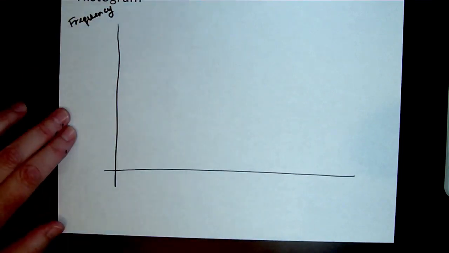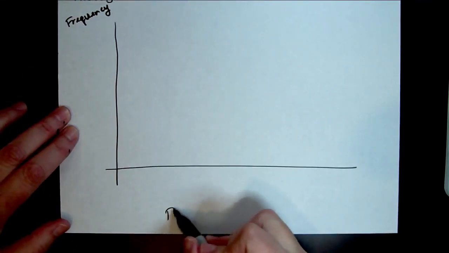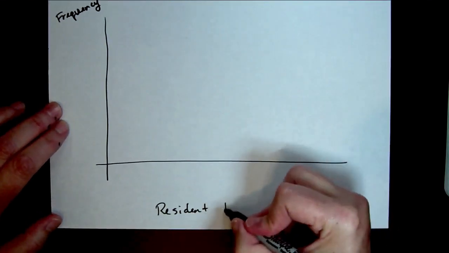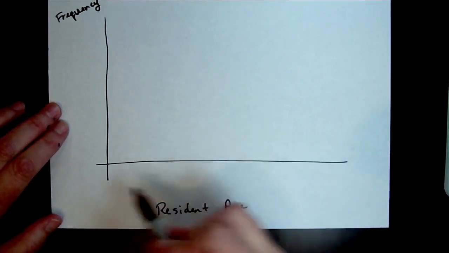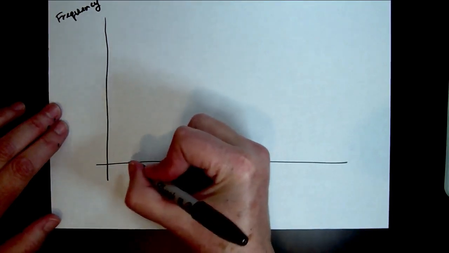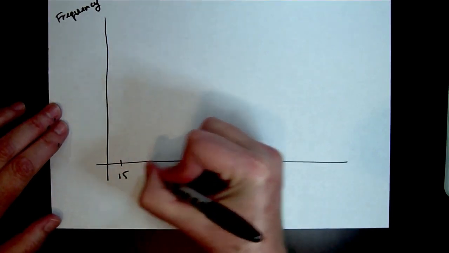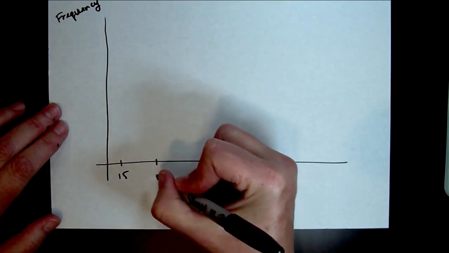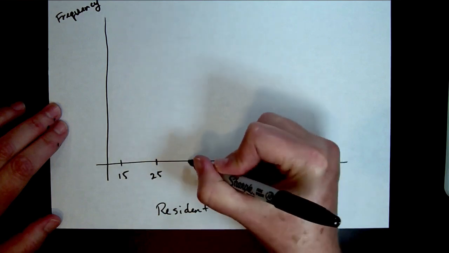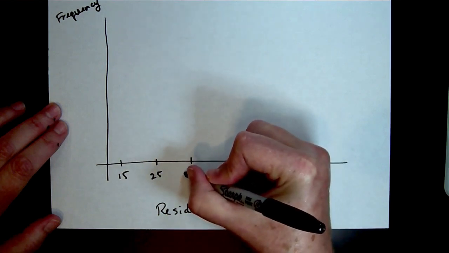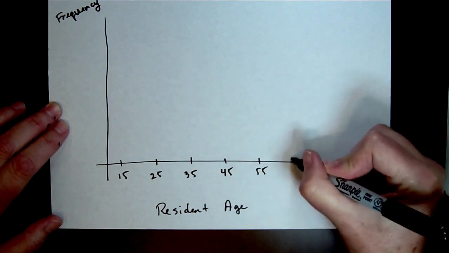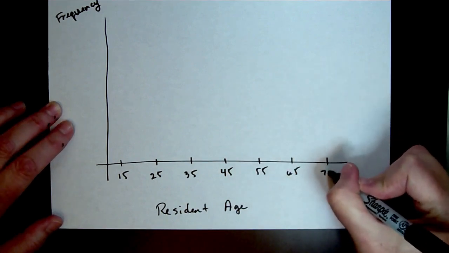We're going to have the horizontal axis for the variable we're measuring, which is resident age. And then we're going to label the horizontal axis with the categories. Now, what's different here is that the rectangles or bars are going to touch each other. So I'm going to put the lower limits in, 15, 25, 35, 45, 55, 65, 75.